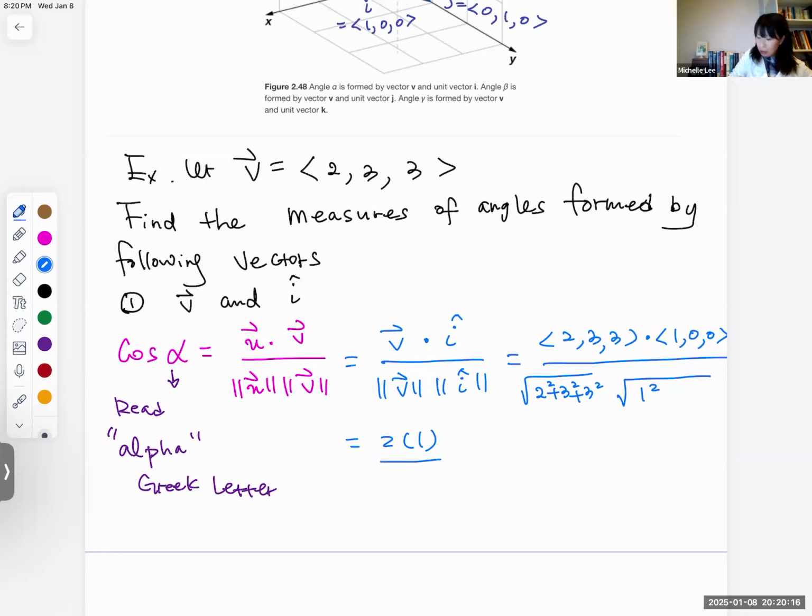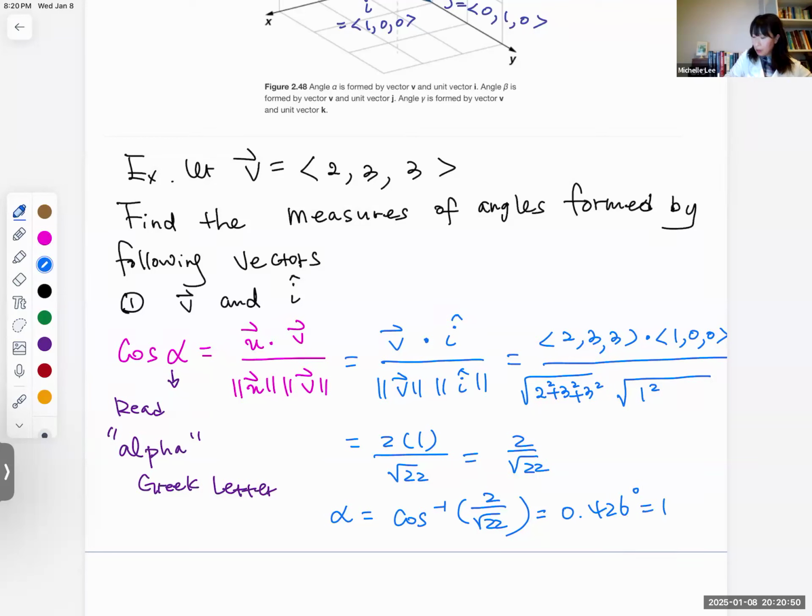The denominator is the square root of 22, so we get 2 over square root of 22. Then alpha, the angle, equals inverse cosine of 2 over square root of 22, which gives 0.426 degrees, the same as 1.13 radians.